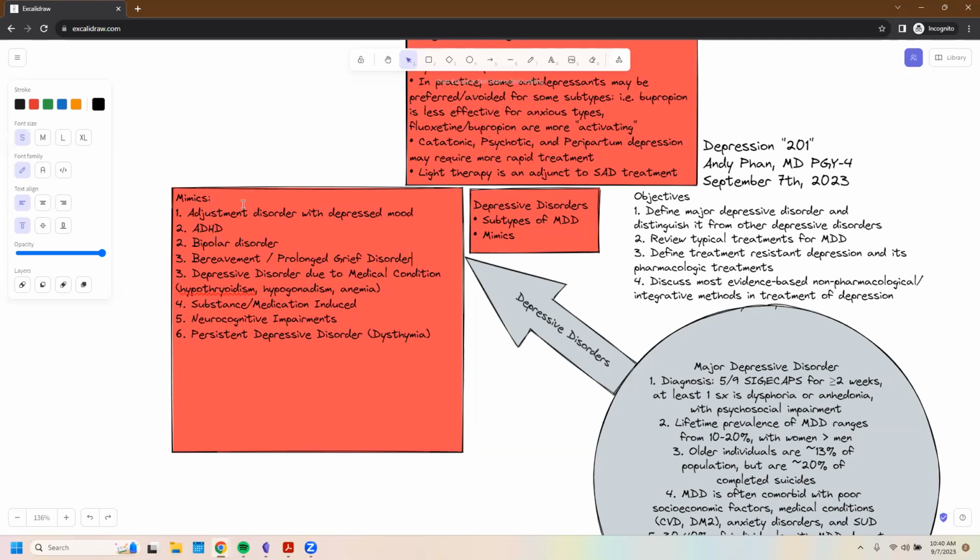Some other more niche ones: prevalent in the residents, burnout. It's not an official DSM-5 diagnosis, but I think it's very important to recognize, especially for those who will be taking care of younger folks too.